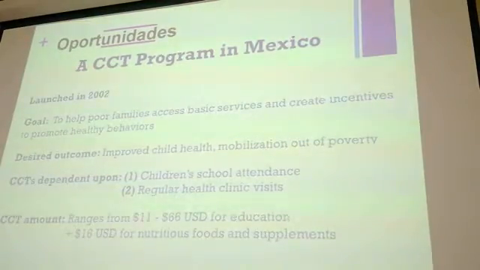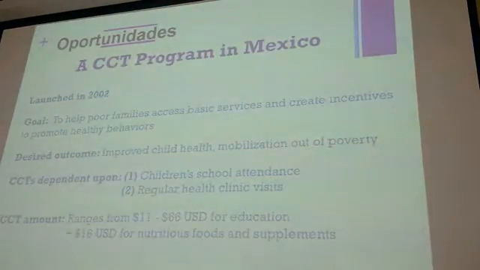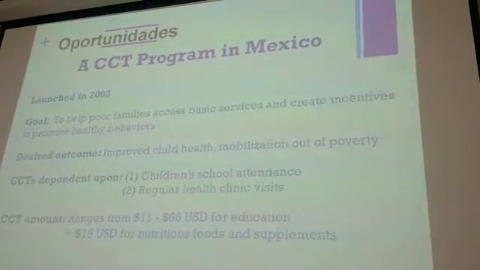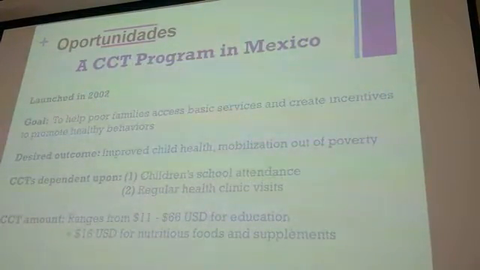So a specific example of this is Oportunidades, a conditional cash transfer program that was launched in Mexico in 2002. And the goal was to help poor families access basic services and to incentivize that behavior more.